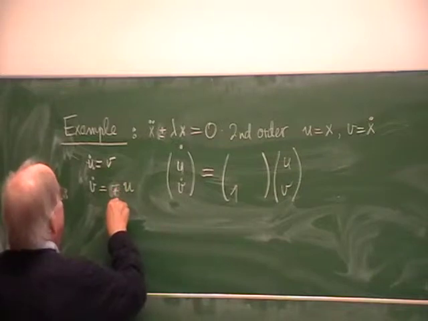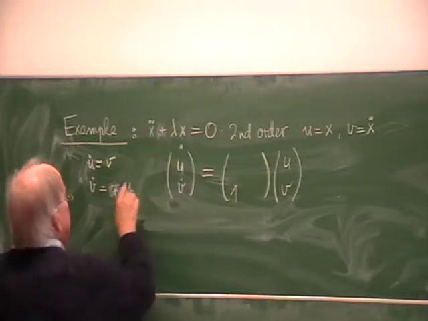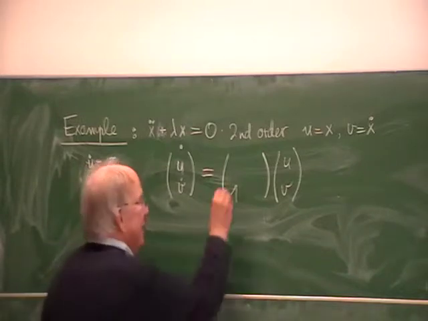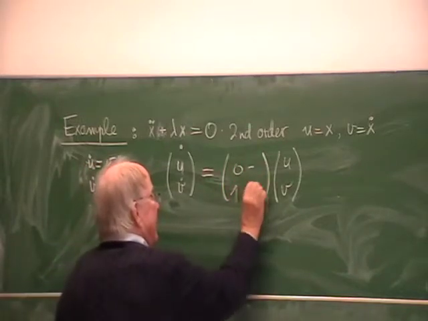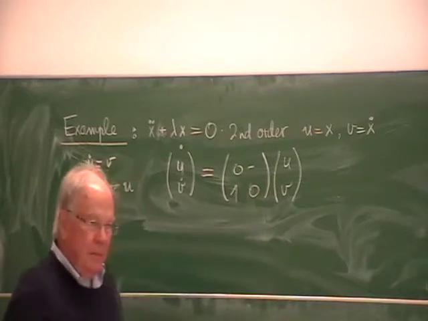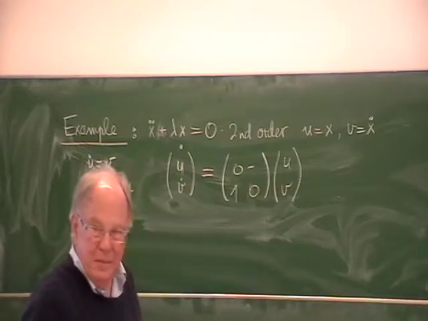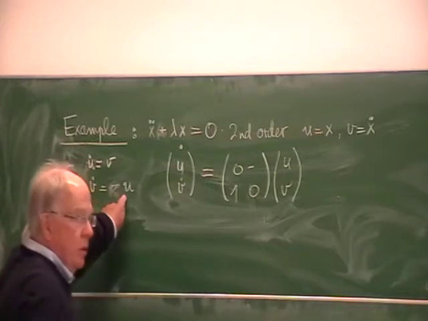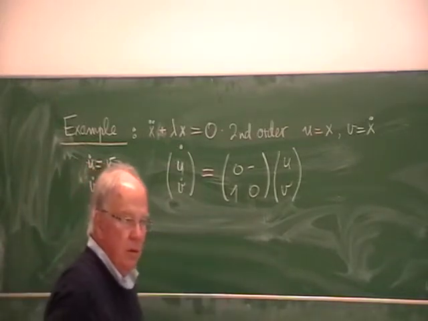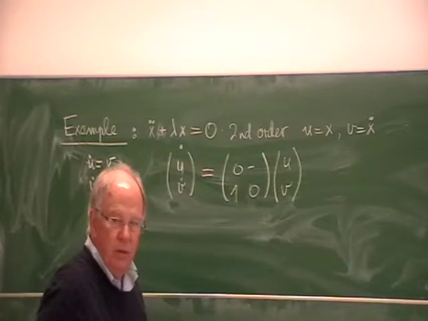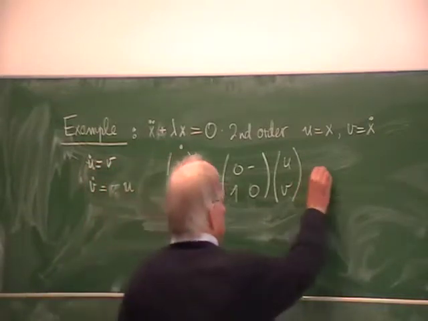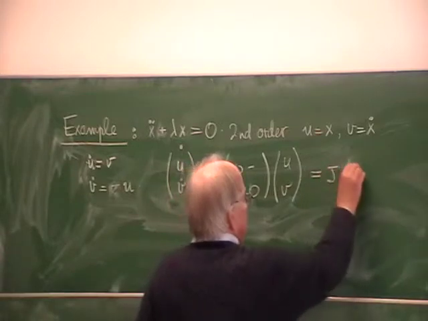Well, let's have fun. Let's make this plus, and so this is minus. This is my favorite matrix. You know that's my favorite matrix because you learned complex analysis from me. So this is J times (u, v).